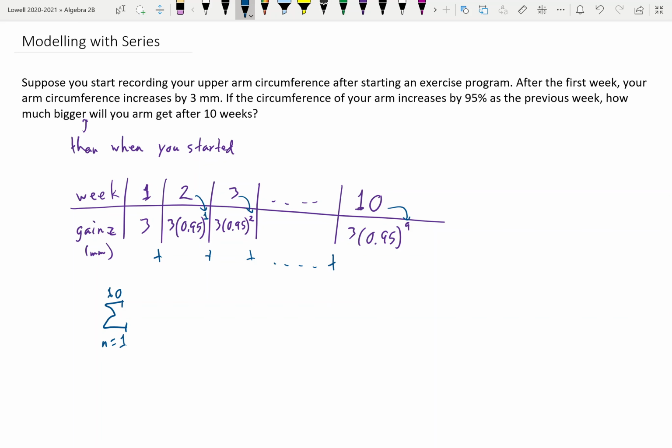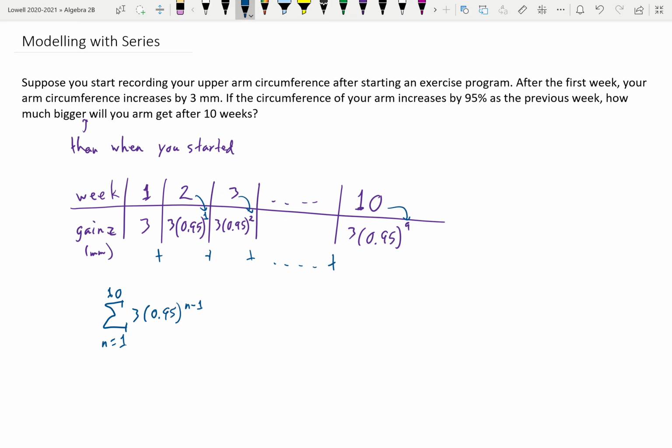Our first term is 3, and our common ratio is 0.95, so the terms are 3 times 0.95 to the n minus 1. I'm just making these terms fit into this table. The 3 is always there, and that power on our common ratio is always 1 less than whatever n is.